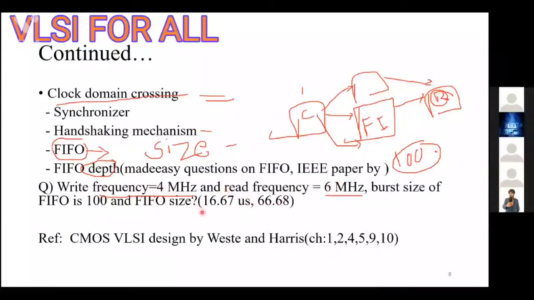Now in this time, the total amount of data read by the read clock domain will be like 66.67. You can multiply the frequency directly with this, so you'll be getting 66.67. So in this time, the read clock domain has read almost 66. But the bus size is 100, so the required size will be like 100 minus 66. Okay, so this is some of the reference book.